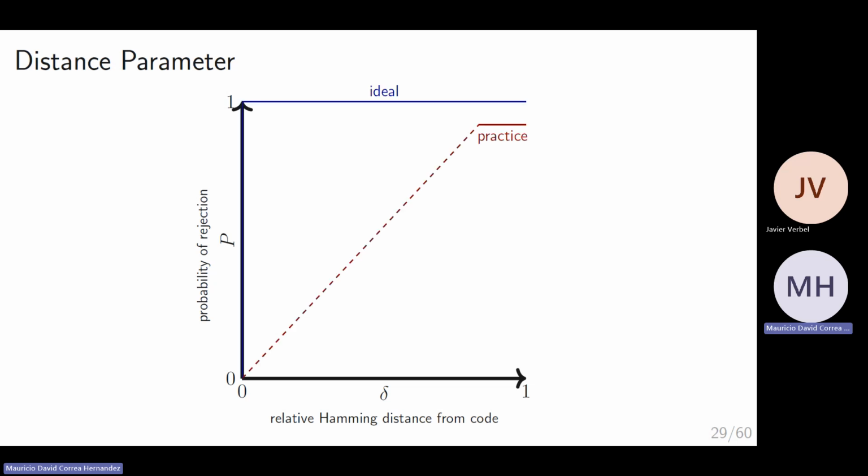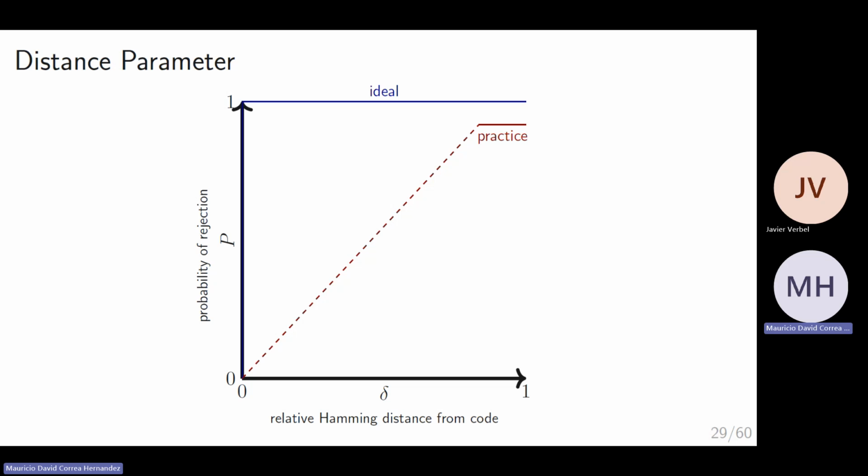And it just doesn't exist. Ideally, if we put in a code word, the probability that this black box rejects is 0, because it should only reject non-code words. And if we put in anything that's not a code word, ideally the black box should say, that's not a code word, and reject it. So ideally, we have this sharp Heaviside function going up to 1 immediately and then staying at 1.